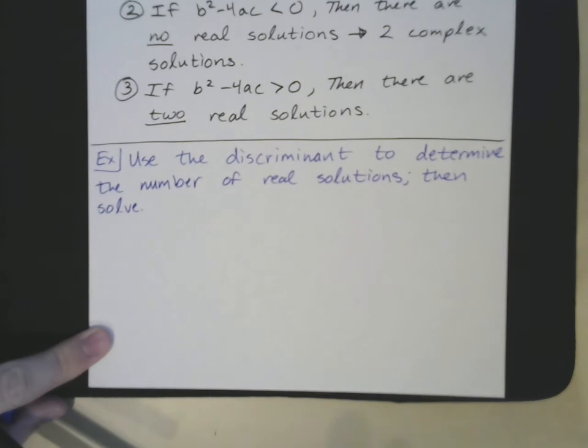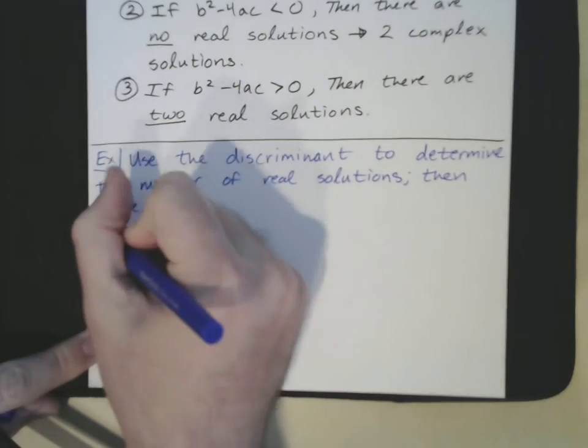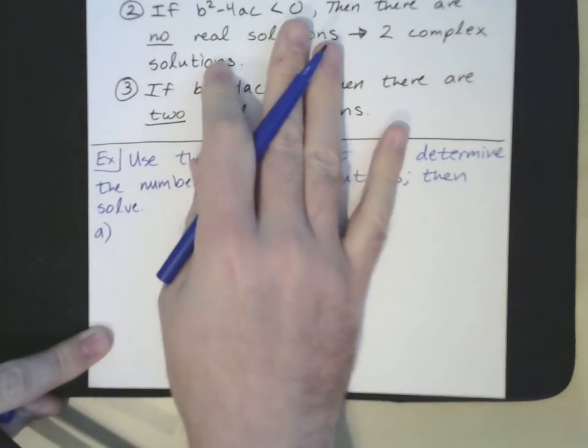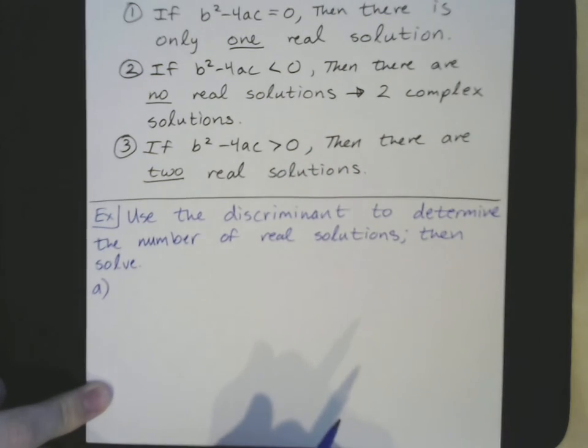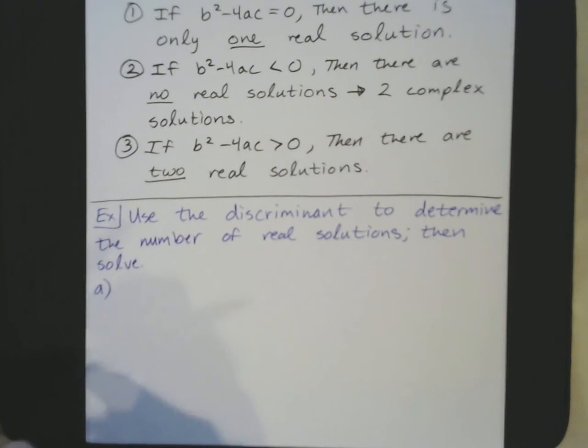I encourage you to try these out, pause the video as I write them, and see if your answers match up. You know how to do the discriminant, you have the rules right here. You can follow them and see what happens. And we've used the quadratic formula enough. That's all we're going to be doing to solve.